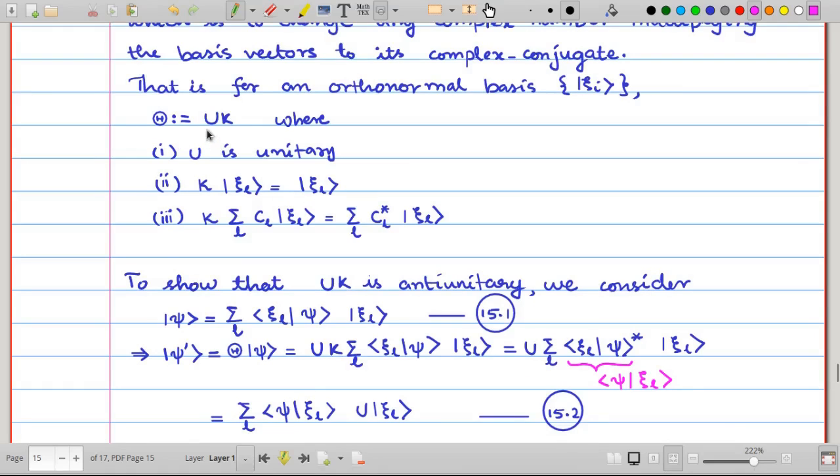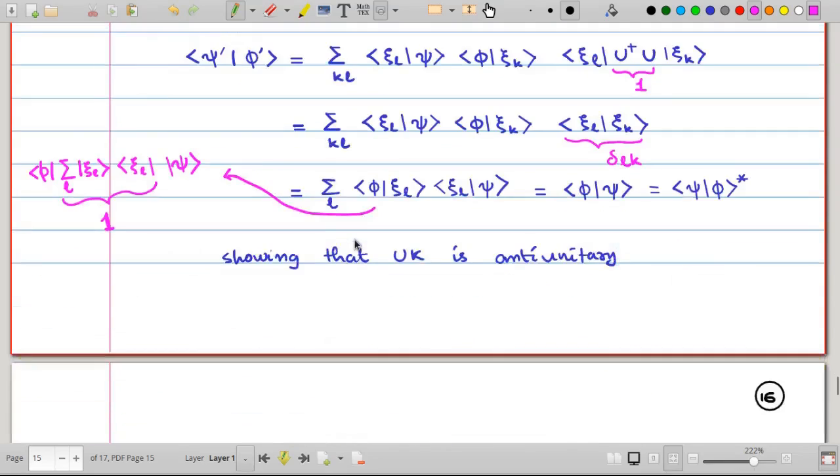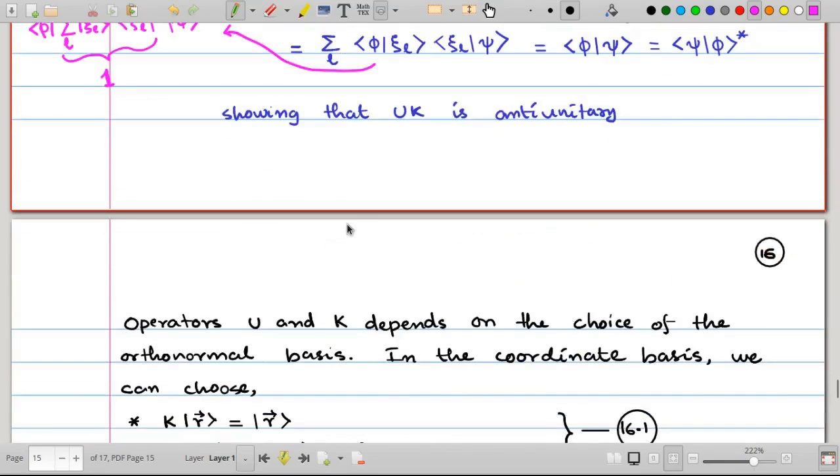Now the action of the particular operators u and k will depend upon the particular orthonormal basis one chooses. And in this course we will be concerned with the orthonormal basis provided by the position eigenkets, and so we will deal in a bit of detail with that basis.